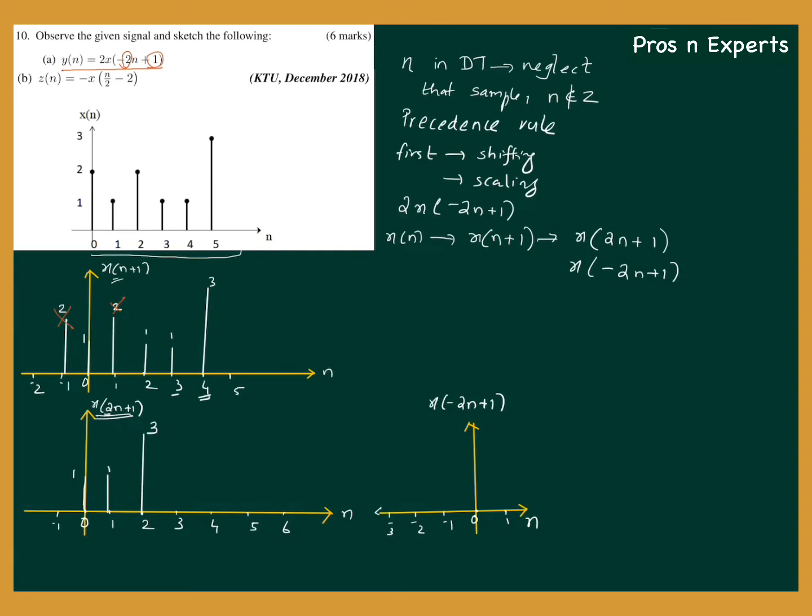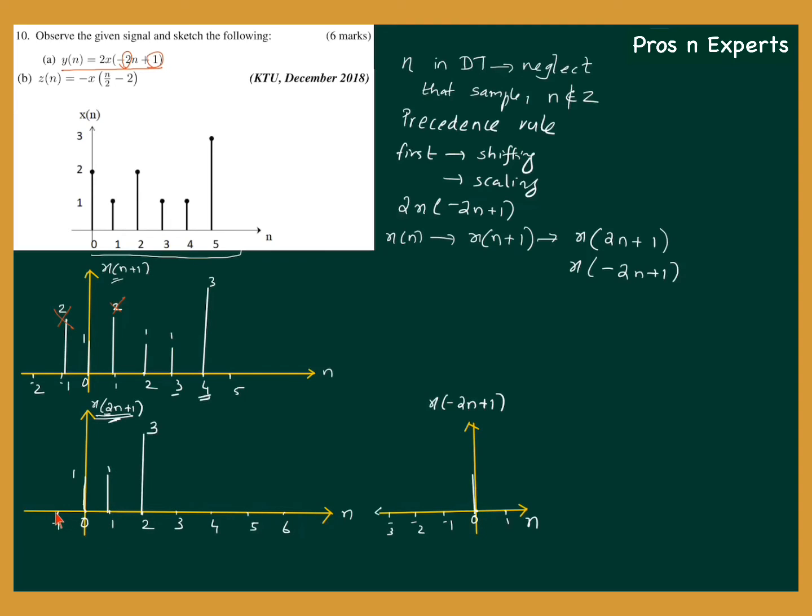Now what happens when you flip this signal? The sample at n equal to 0 remains there itself because it is at the y-axis. Now what happens to this sample?